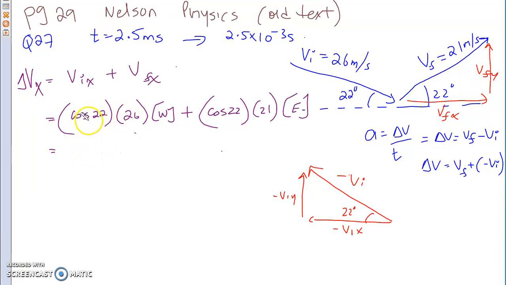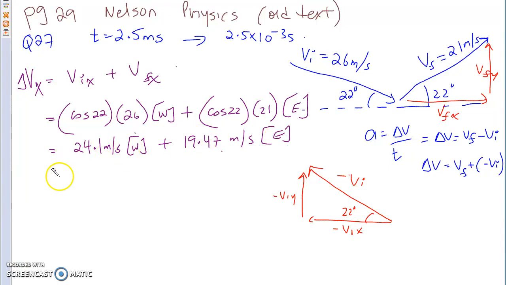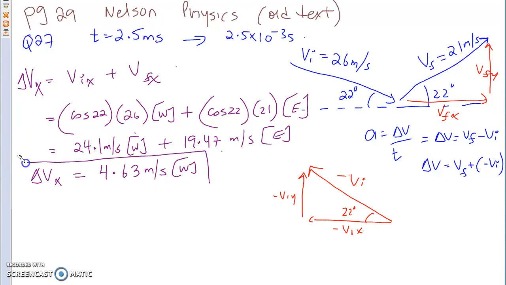So this is 24.1 meters per second going west. And this one right here, 19.47 meters per second, going east. Of course, we're going to subtract the two. So delta vx comes out to 4.63 meters per second going west. So there's your x component of your delta v.